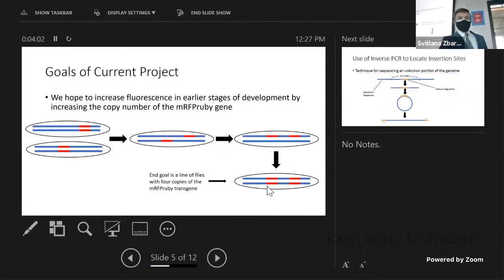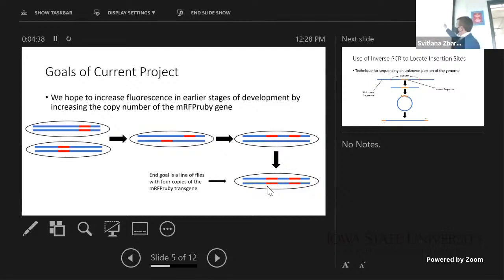Then we're going to do a series of crosses that utilizes meiotic recombination to get 2 copies on the same chromosome. The technique we used to insert with transposable elements puts that insert in a random spot in the genome. If we can get two flies that have the insert at different locations, when you cross them, every once in a while meiotic recombination occurs and will flip one copy of that gene onto the other chromosome.